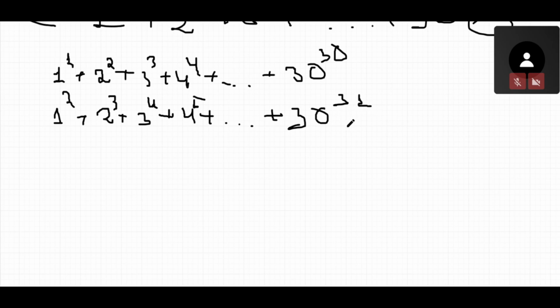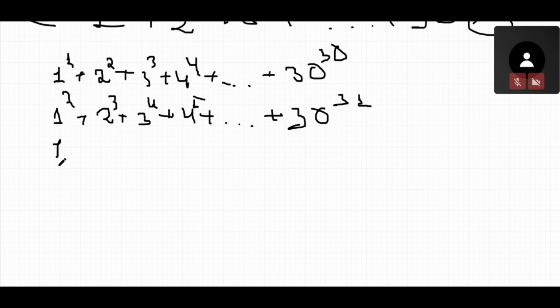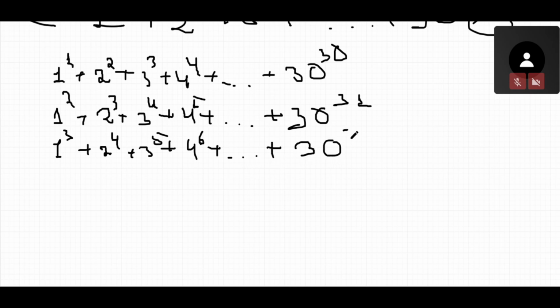Then our third group, 1 cube plus 2 power of 4 plus 3 power of 5 plus 4 power of 6 plus and so on, 30 power of 32.